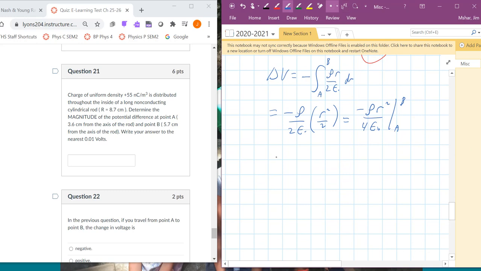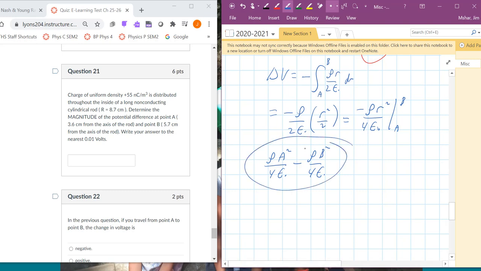You would get negative, the A would be positive, so you get rho A squared over 4 epsilon naught minus rho B squared over 4 epsilon naught. Now, when you do that, you're going to get a negative answer because B is bigger than A. So that answers question 22.